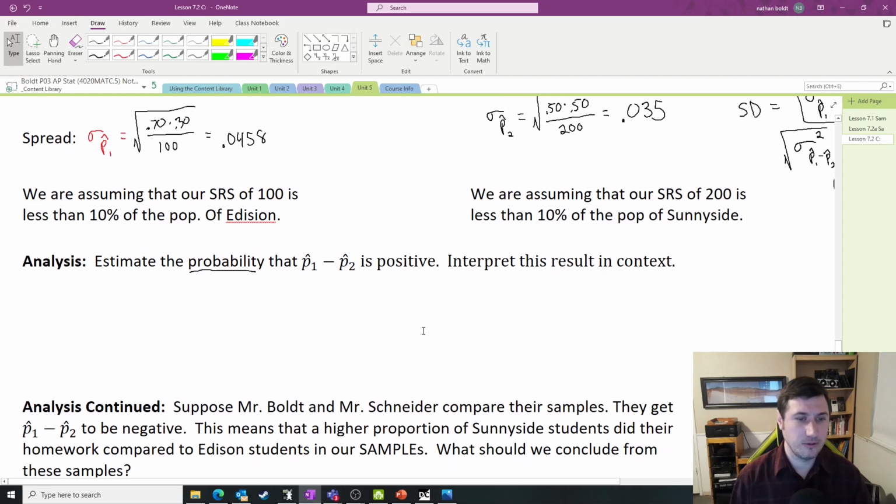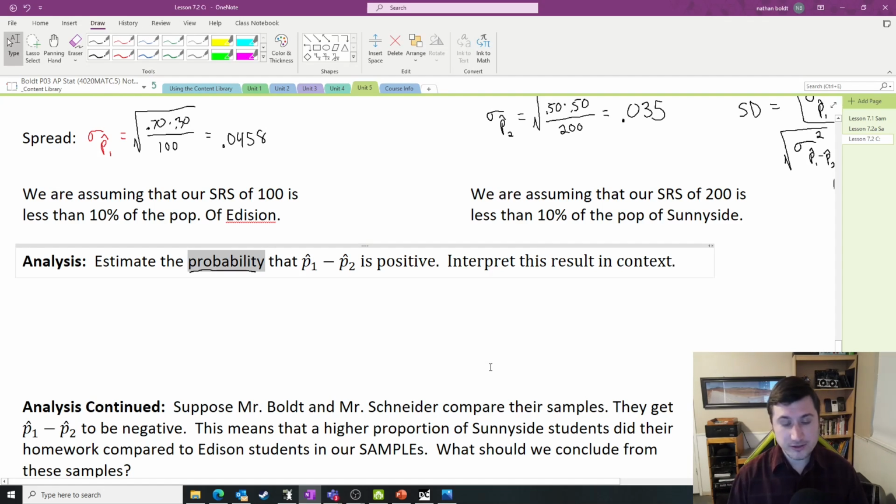All right, what do we got here? So now I can ask you this probability question. What is the probability that P1 hat minus P2 hat is positive? This is just a normal CDF, because now we have this normal sampling distribution. I can just ask you normal CDF questions about it. Perfectly normal.